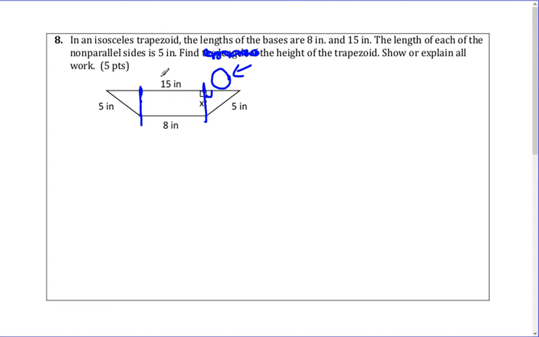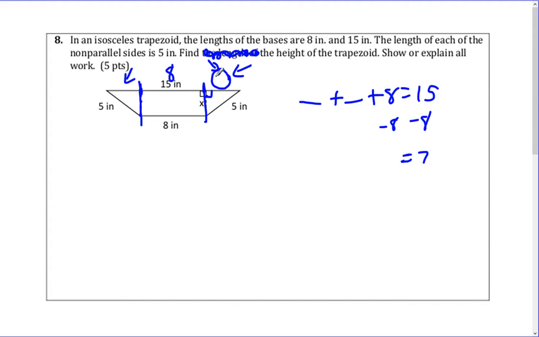That means between these two small leg pieces, which includes the one I'm looking for, those two pieces plus 8 has to equal 15 the whole way across. So if we take 15 minus 8, that gives us 7. And if we take the 7 divided by 2, cutting it in half, each section is 3.5.